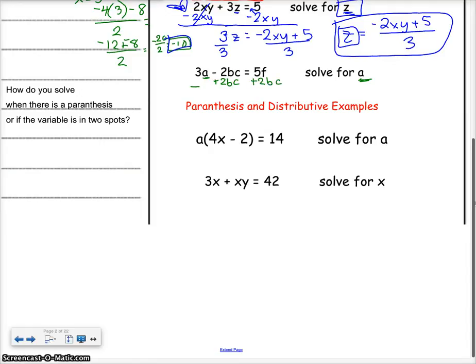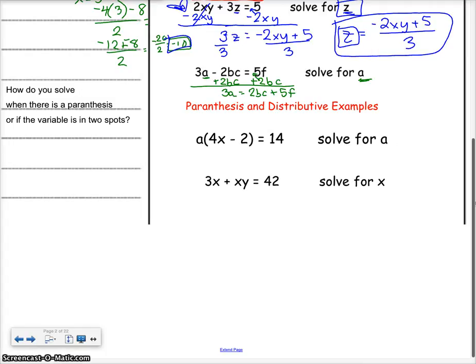And I would say just get in the habit of putting it in front, even though this is also a variable. Just put this term in front. It gets you ready for slope-intercept. So you have 3A equals 2BC plus 5F. And I know it's plus because it's a positive.